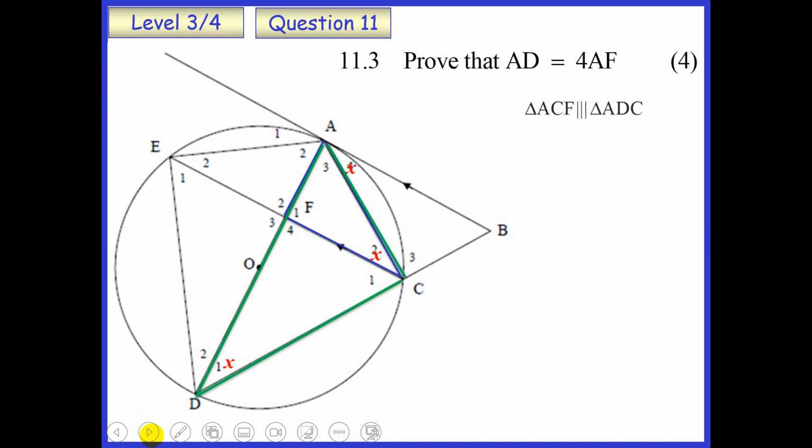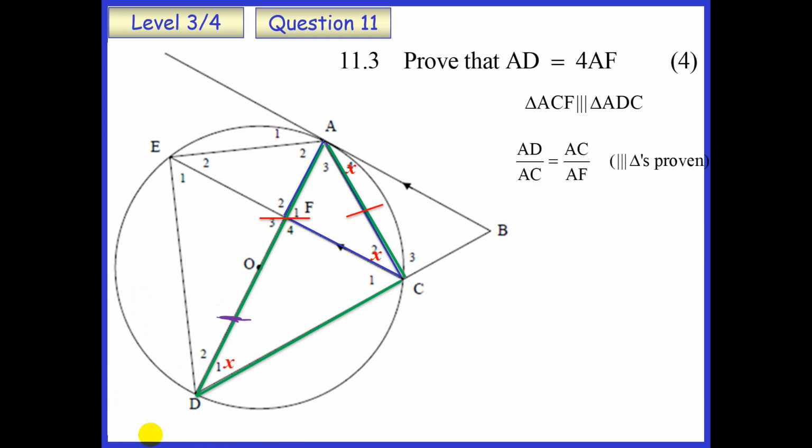In the previous question, we proved that ACF was similar to triangle ADC, so we're going to use that fact. Also remember, it was given initially that AO is equal to AC. And I did mention, due to radii, AO is also equal to DO.